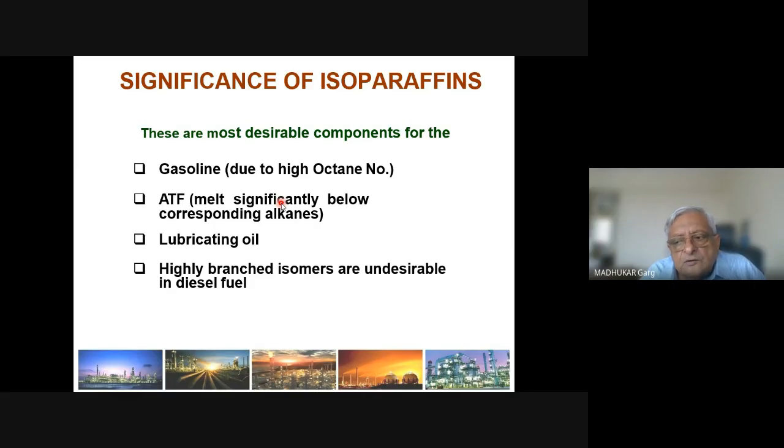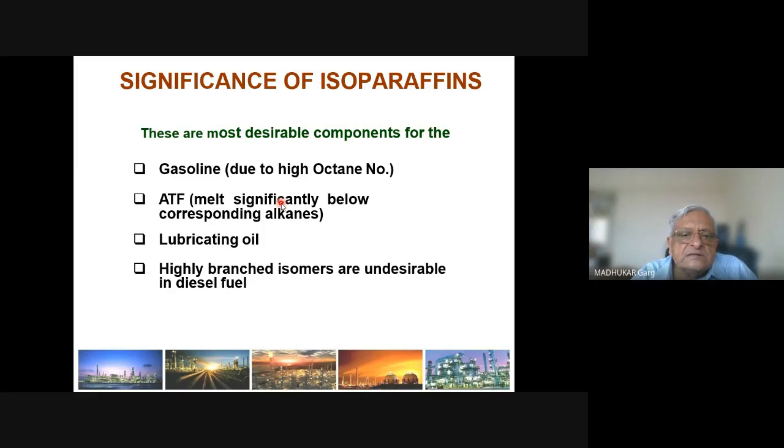Now, if you compare normal butane with 2-methyl propane, then normal butane will have a higher boiling point as compared to isobutane, 2-methyl propane. Any isoparaffin for the same carbon number has not only a lower boiling point as compared to normal paraffin, but it also has a lower melting point.